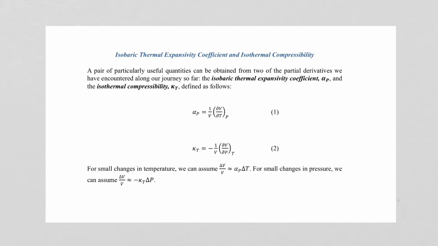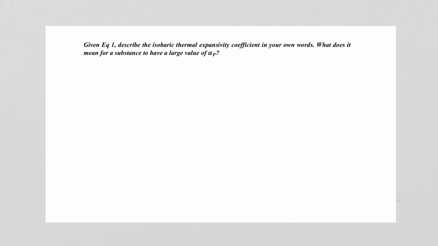One thing that is nice is if we factor in only relatively small changes in temperature or pressure, we can use these simplified variations of these equations to do some simple calculations. So we'll take a look at those in a minute, but first let's just take a look at exactly what these equations are telling us.